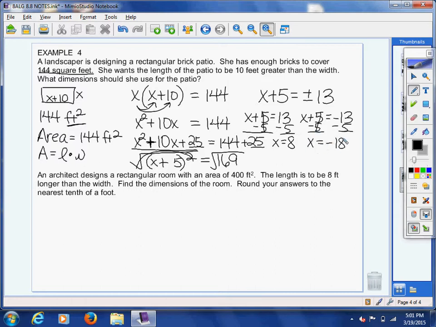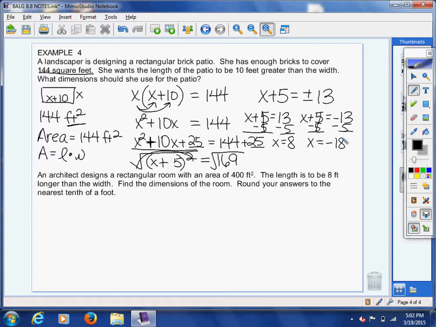So if this was just a typical non-situation trinomial, and we completed the square to find where this parabola would cross the x-axis, it would cross at positive 8 and negative 18. But because this is a situation, we need to read the situation more deeply. What dimensions should she use for the patio?